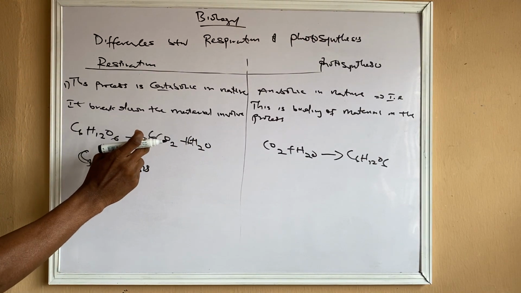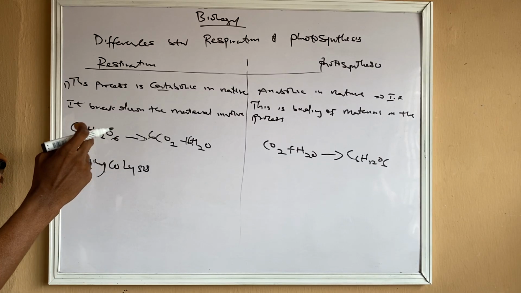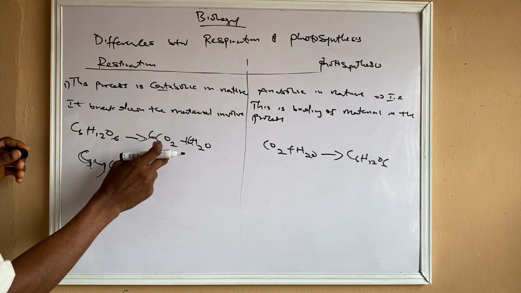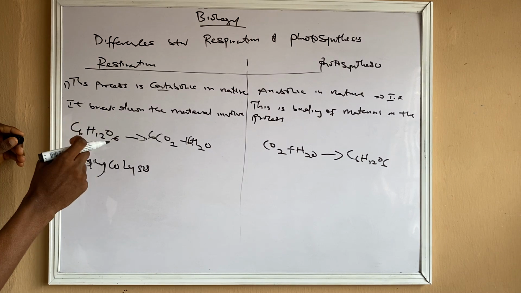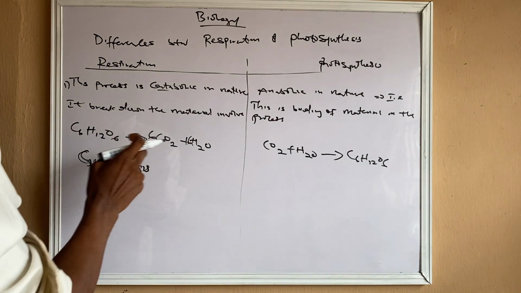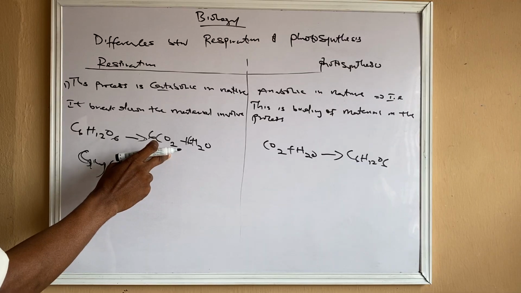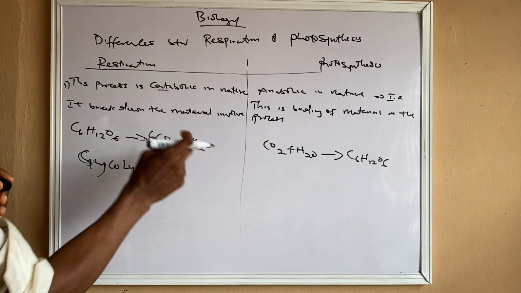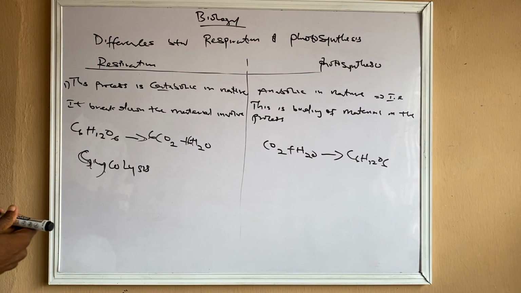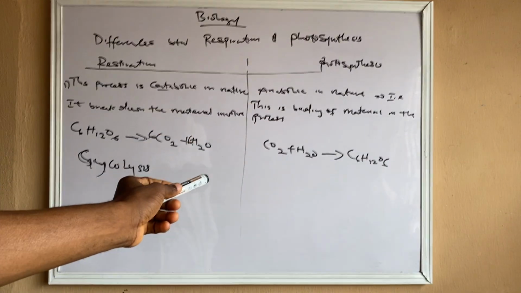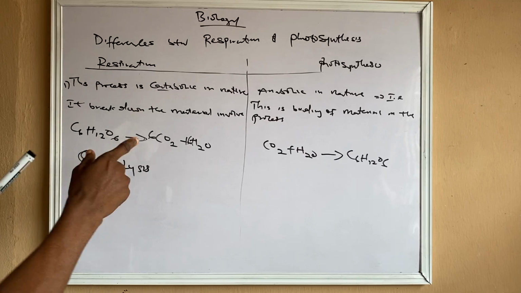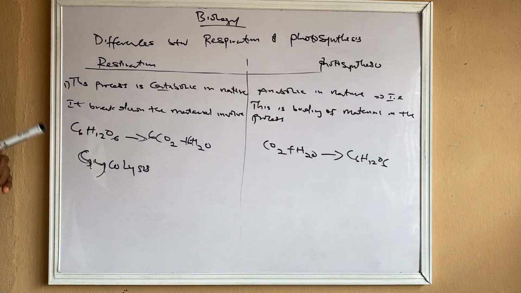So we have 6 carbon molecules, 12 hydrogen, and oxygen, which is 6 in nature. This is empty in nature. But do not forget that in respiration we are using oxygen.